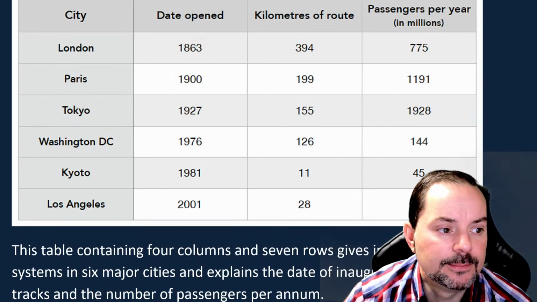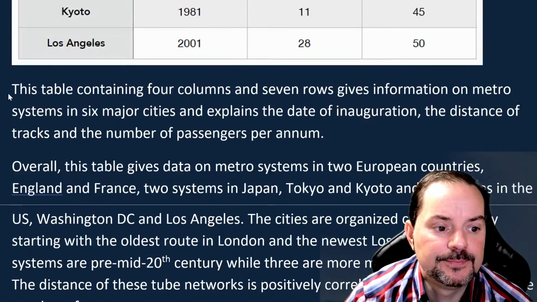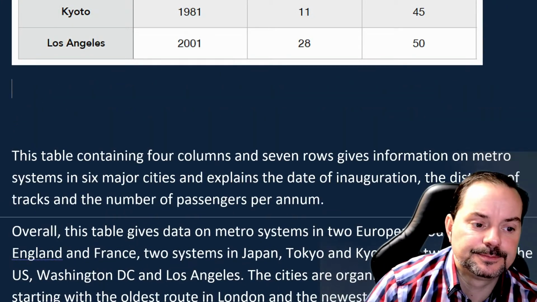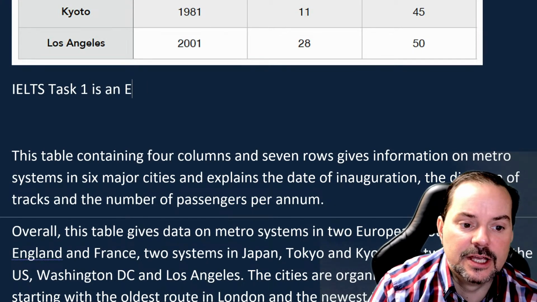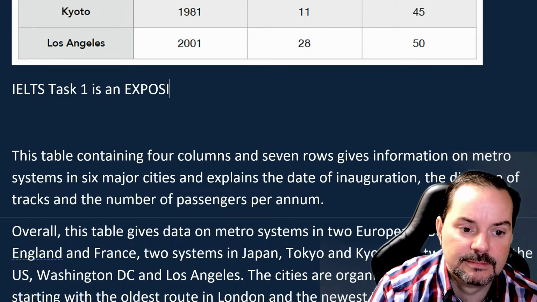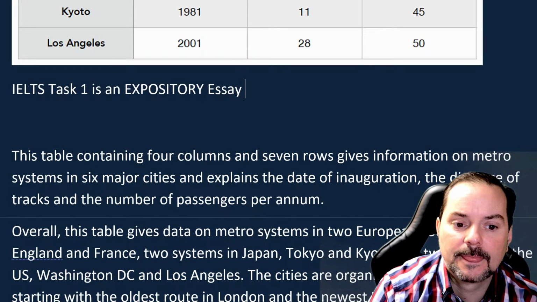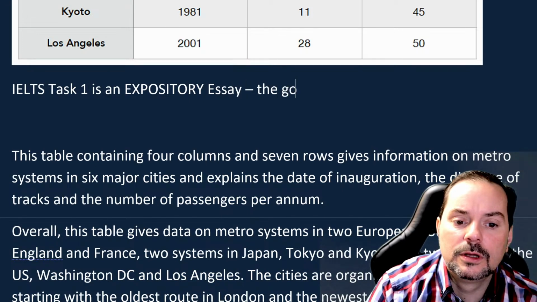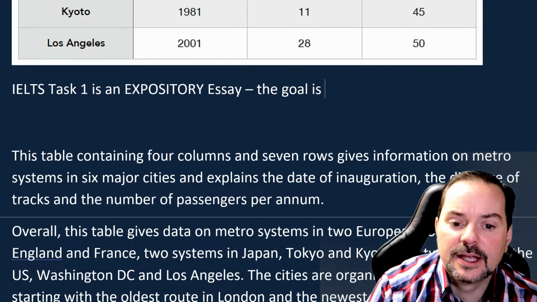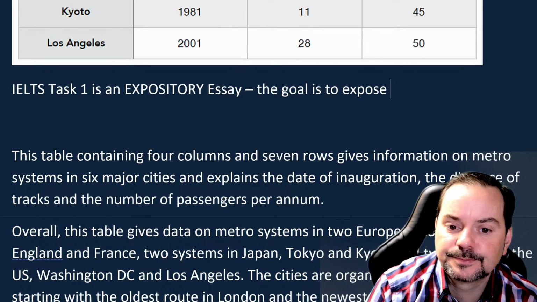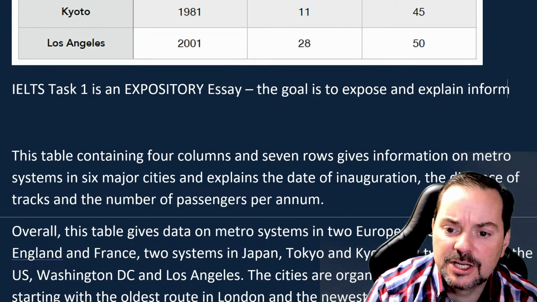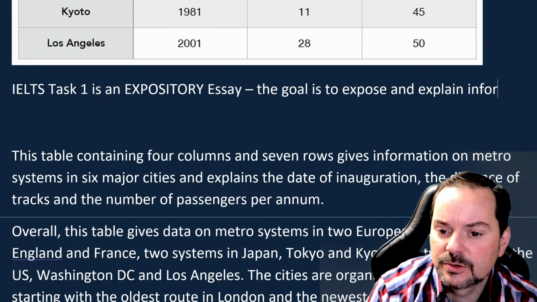So this is a really important question, everybody. Okay, so keep this in mind. IELTS Task 1 is an expository essay. The goal is to explain and expose information. Okay, hence expository essay.